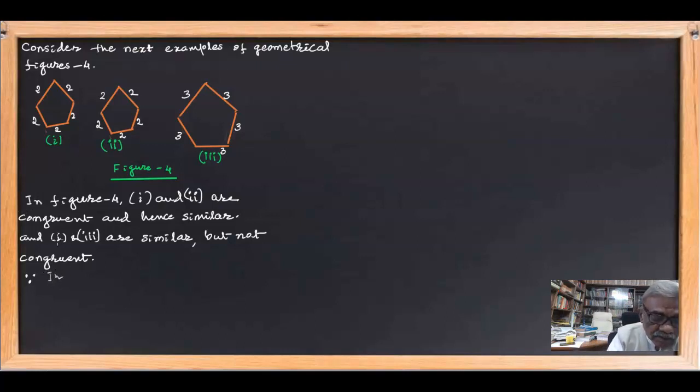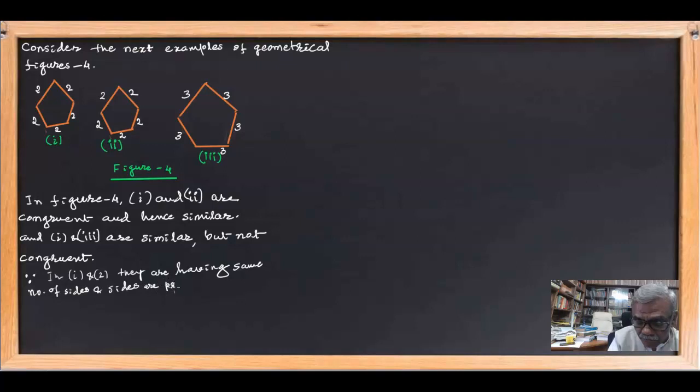because in 1 and 2, they have the same number of sides and sides are proportional.